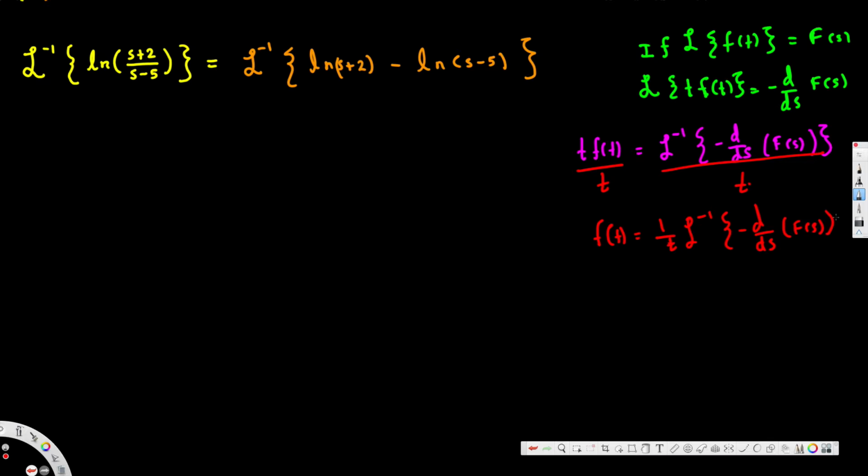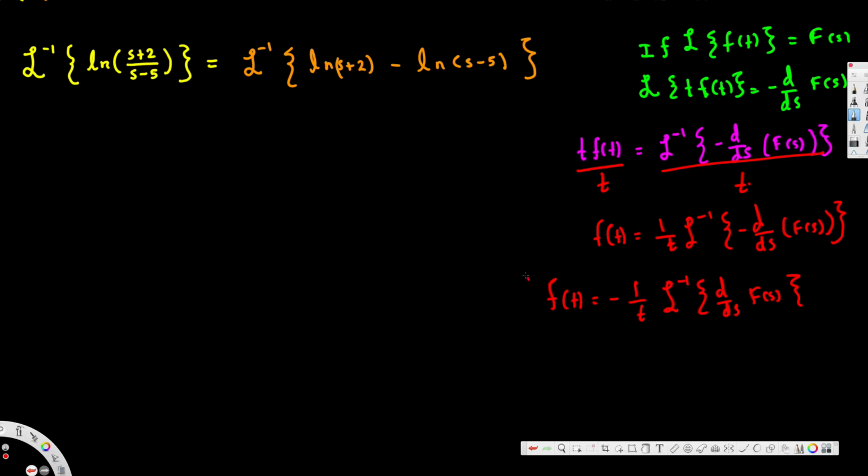This is the final derivation. Also we can move the negative to the front, so f of t equals negative 1 over t times the Laplace inverse of d by ds F of s. This is the one we are going to use. Let me box this right here. Now let's continue our problem.